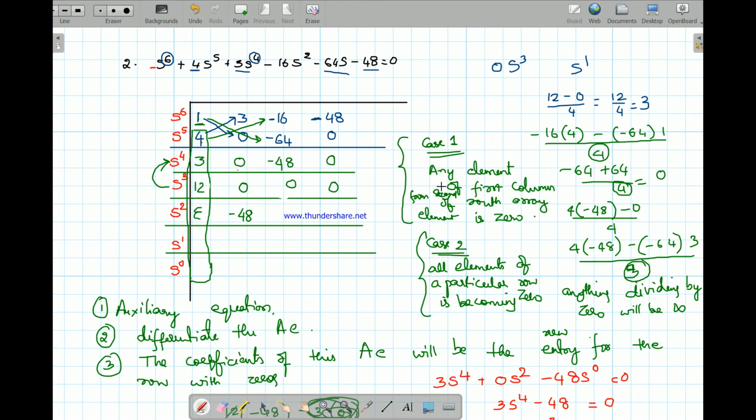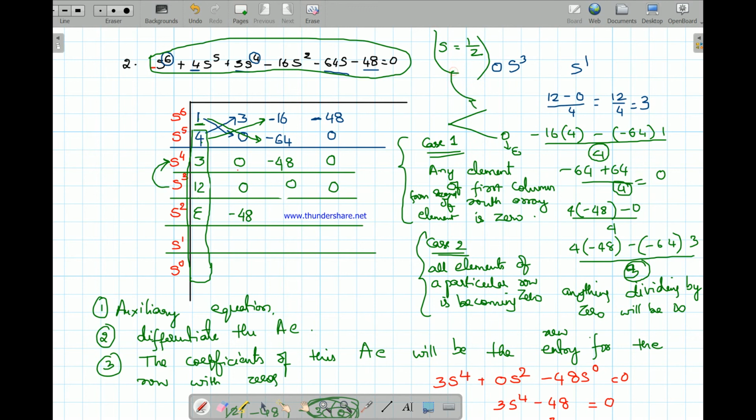So there are two methods for case 1 again. Either replace 0 with epsilon, or you take this equation and replace s with 1 by z, and construct a new characteristic equation in terms of z.